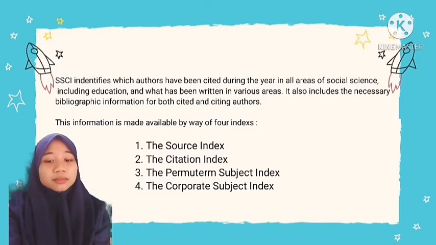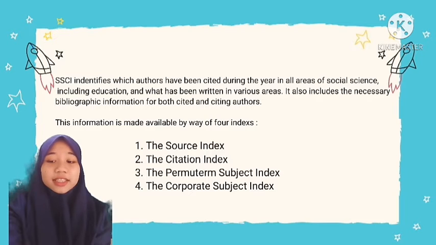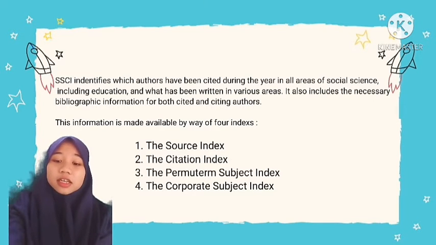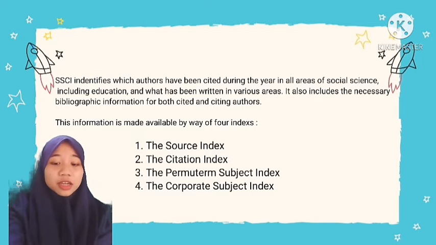The Permuterm subject index takes every significant word and pairs it with every other significant word in its title. 4. The corporate subject index. The corporate subject index is an alphabetical listing of organizations with which authors published during the year are affiliated.